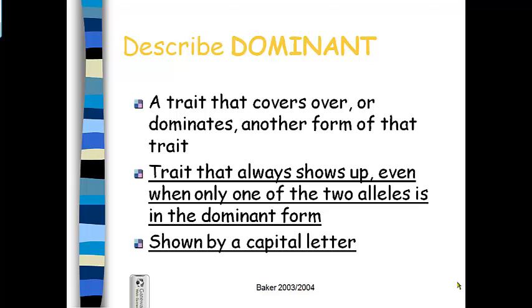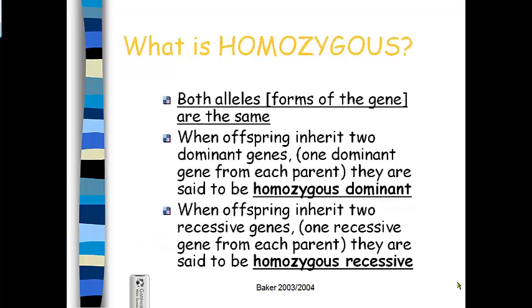A dominant allele or dominant gene is basically a gene that takes over when it is passed down. So if you get even just one of them passed down to an offspring from a parent, that will be the form of the trait that actually shows up. And dominant are represented by capital letters.